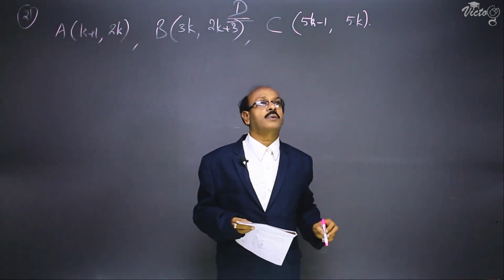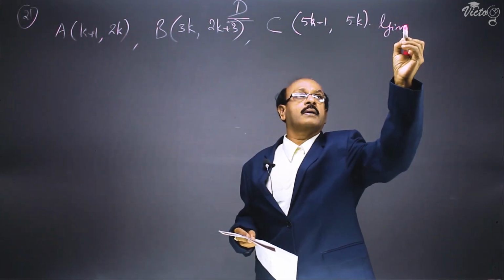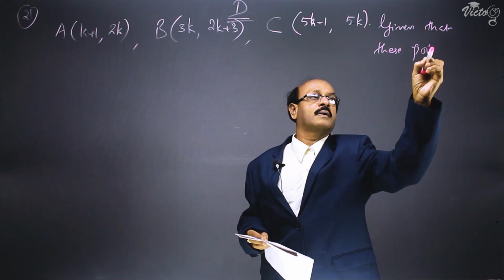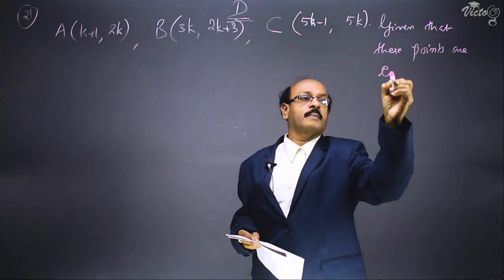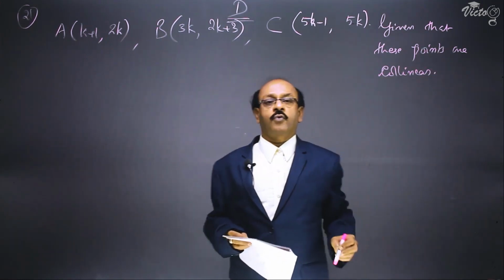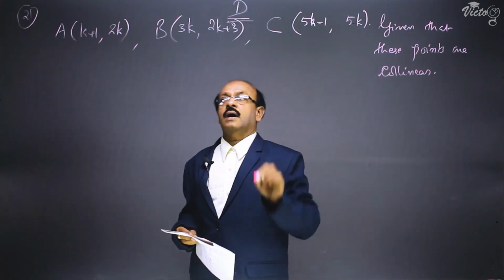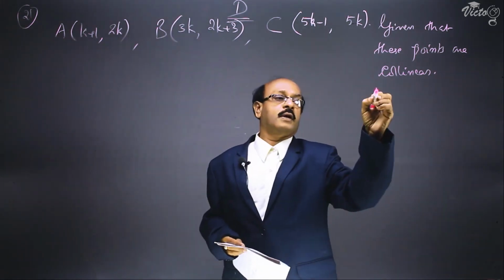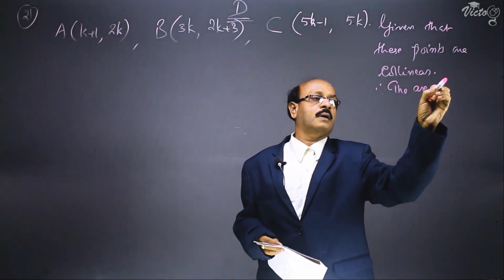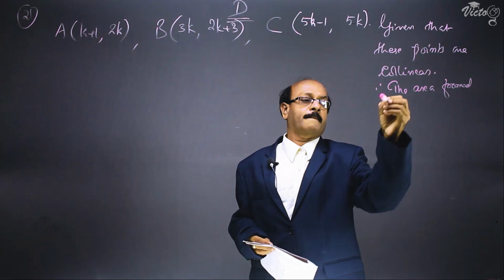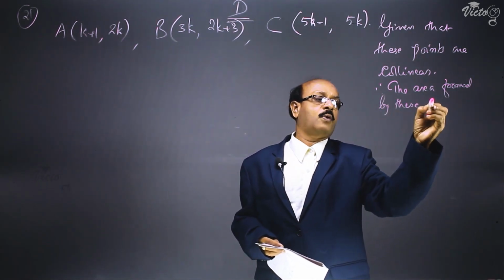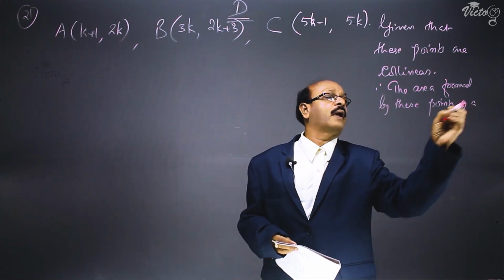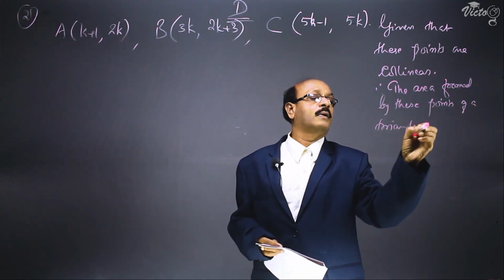Given that these points are collinear. Therefore, the area of the triangle formed by these 3 points as vertices will be 0.